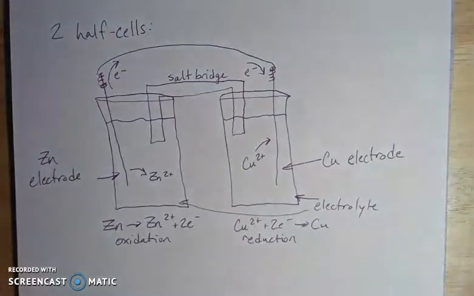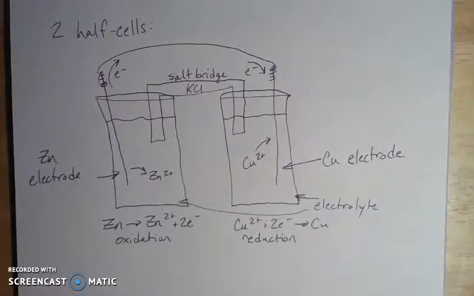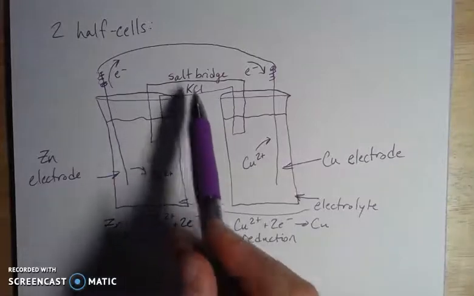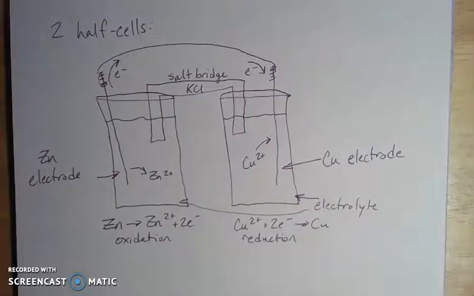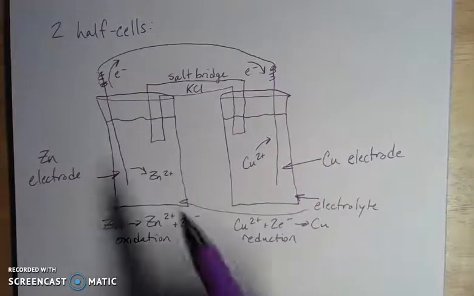Salt, of course, referring to ionic compounds. So the salt bridge could be anything. Let's just say in this case it's potassium chloride. It could be sodium chloride, it could be potassium nitrate, it could be anything that is a very soluble salt. So it's good to use those alkali metals because they're pretty much all soluble all the time.